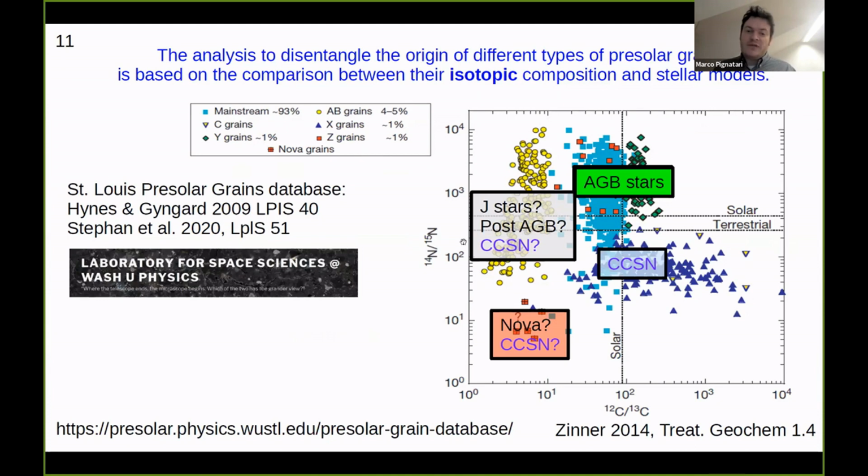For example, presolar grains with nitrogen-15 enrichment compared to nitrogen-14 typically come from core-collapse supernovae, while nitrogen-14 rich grains above suggest a contribution mostly from AGB stars or post-AGB stars. By looking at these isotopic ratios, which are not heavy elements, it's already possible to say what the source of a grain is. Then, knowing where that grain comes from, one can look at the heavy element signature and see what is observed there.